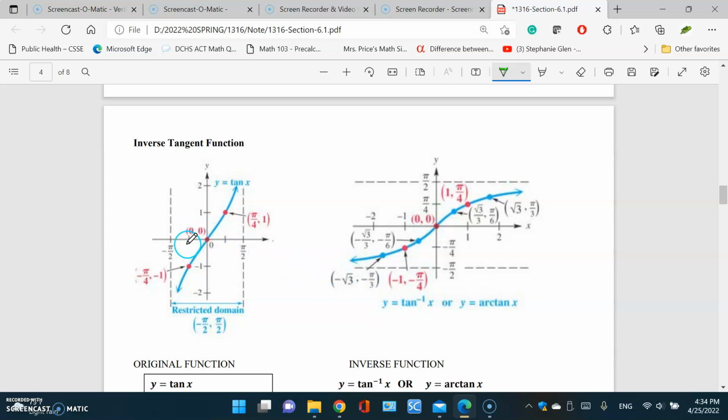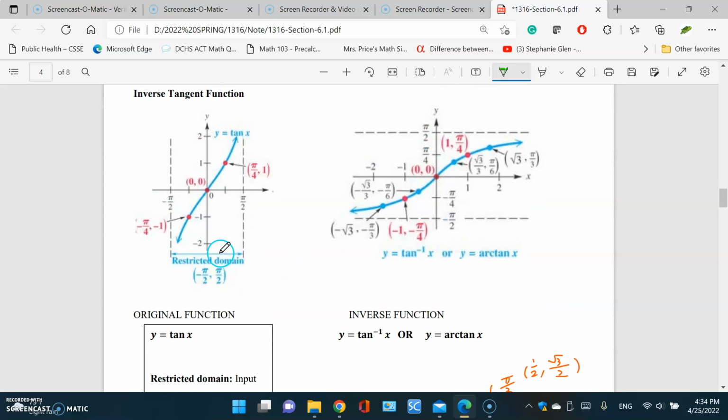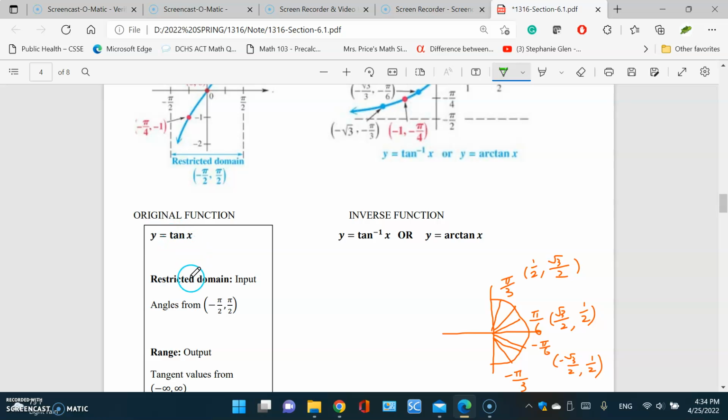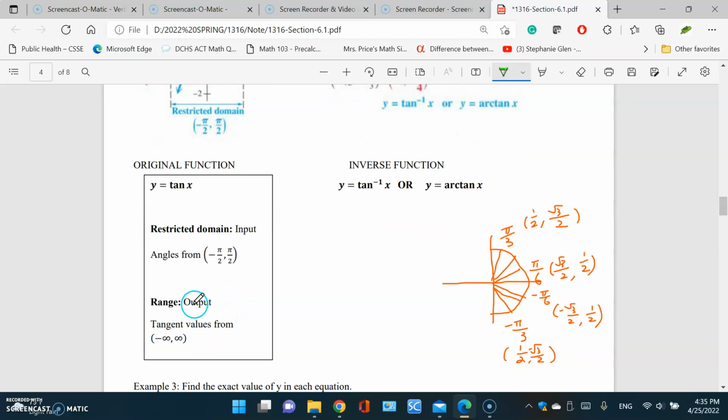Tangent. The original function of the tangent, the domain is between negative pi over 2, comma, pi over 2. Remember, this is the way we set up the argument of the two boundaries. The range of the tangent is all real numbers.